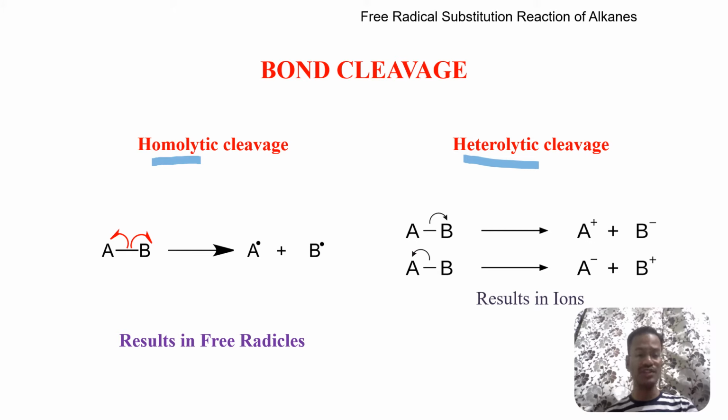That's what you can see here. There are two atoms A and B, and there is a bond between them, that is, two electrons in this bond. If out of these two electrons, one electron is given to A and another electron is given to B, then it is called homolytic bond cleavage.